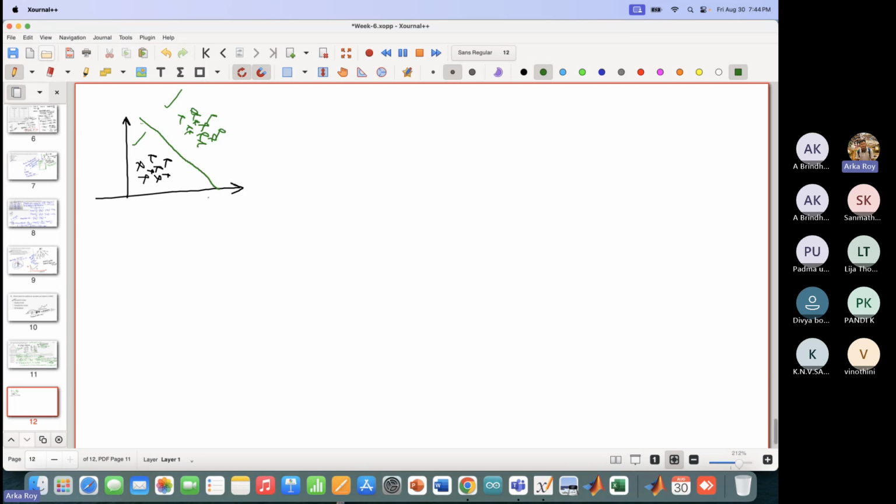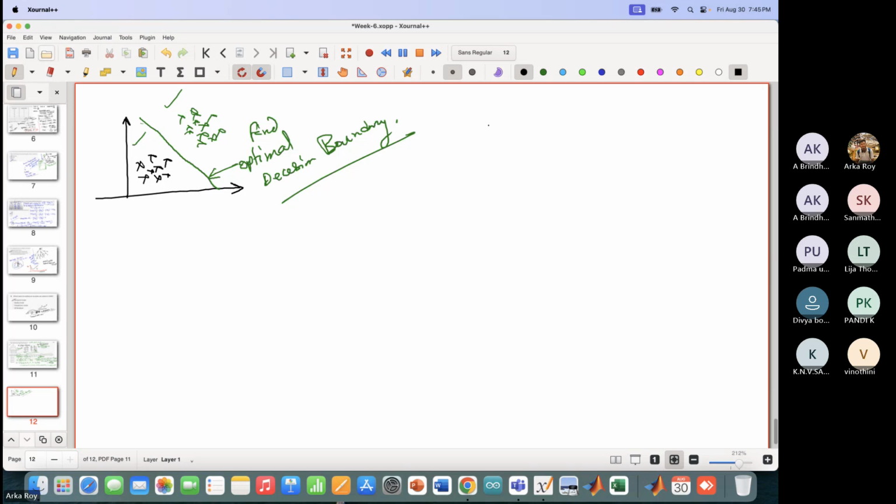The main target was to find the optimal decision boundary, and based on SVM, you try to find that optimal decision boundary.